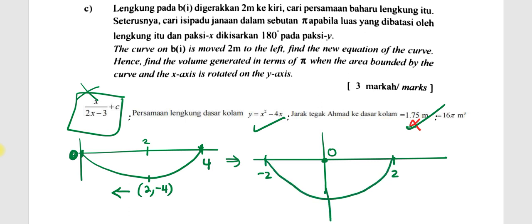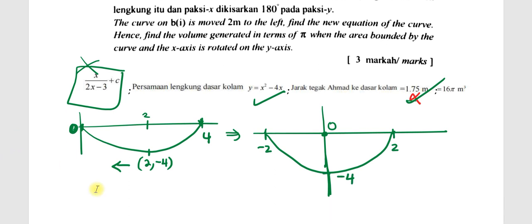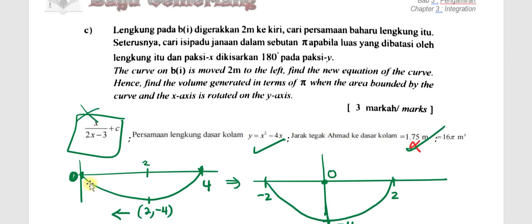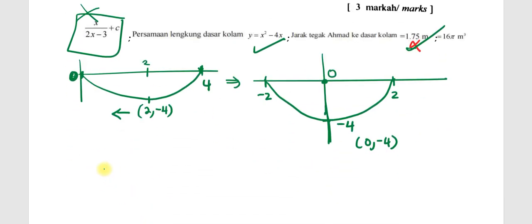But the depth won't change. It is still negative 4. Now you can see your minimum point is 0 and negative 4. So we can actually create the equation already. They asked for the new equation, right? Earlier the equation was x square minus 4x. Now, how to create the equation?